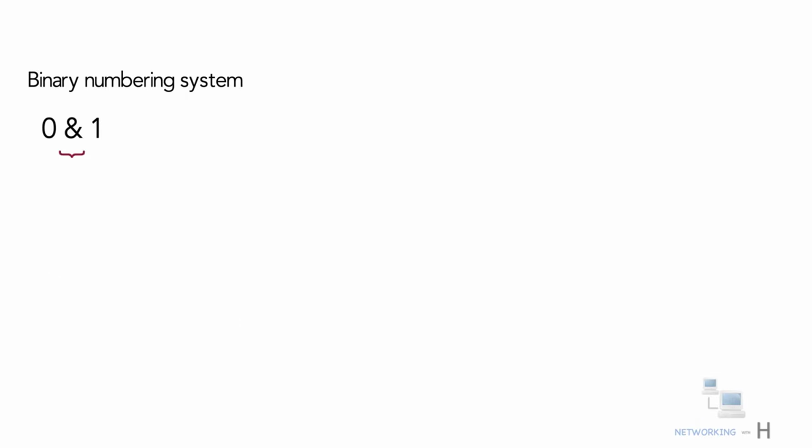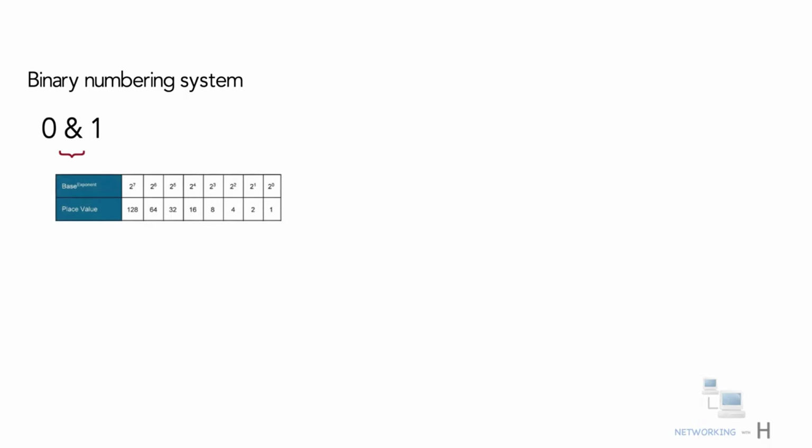Just like in the decimal numbering system, the location of the number determines its value. The table below shows the value of the first 8 binary positions. An IPv4 address is made up of 4 sets of 8 binary bits, and these sets are called octets. Bits in each octet are represented by a number.